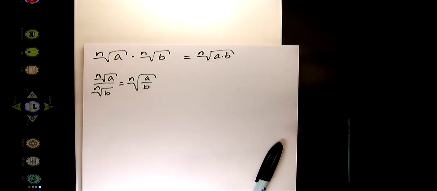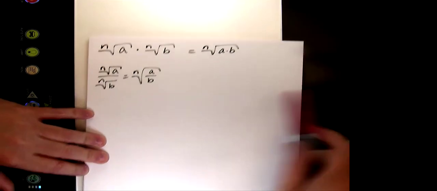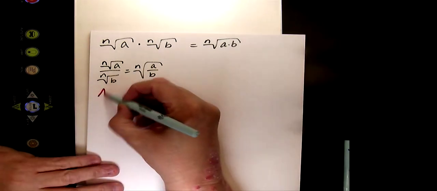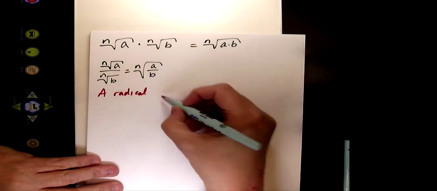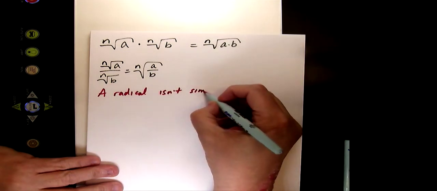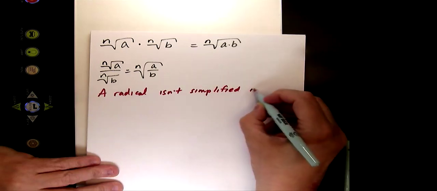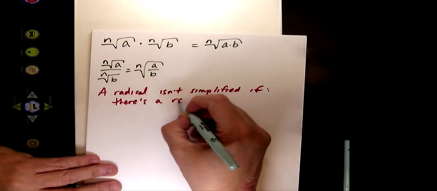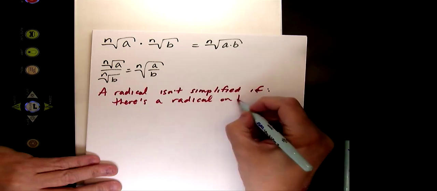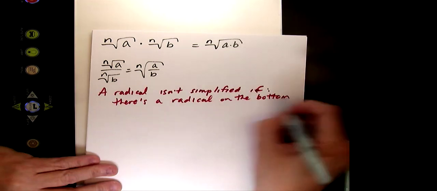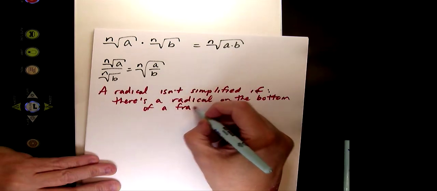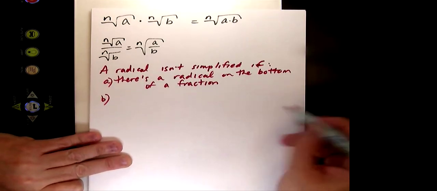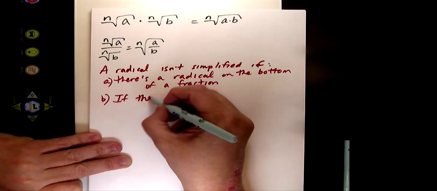Before I do some examples with it, I'm also going to throw in simplifying rules. A radical isn't simplified if there's a radical on the bottom of a fraction, or if the exponent inside is bigger than the index.